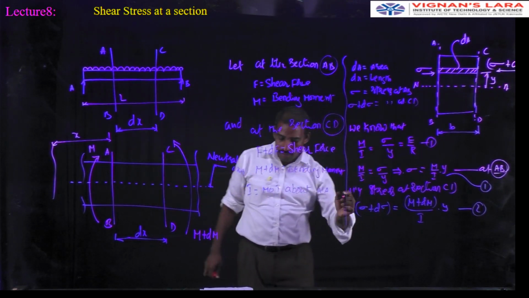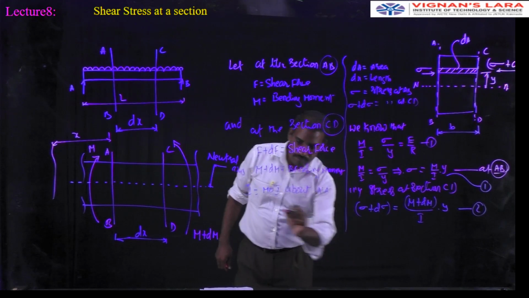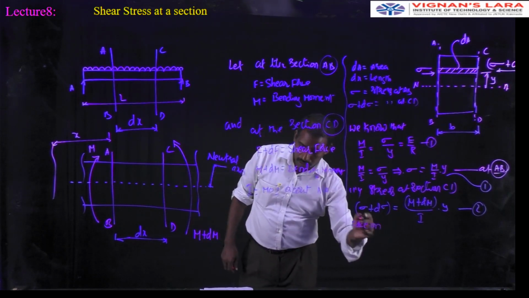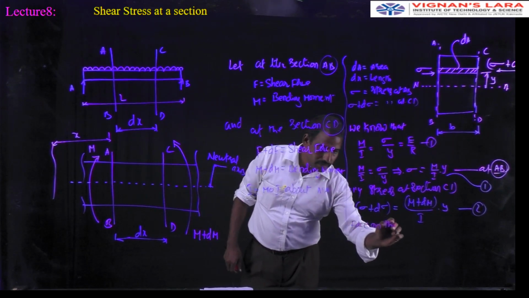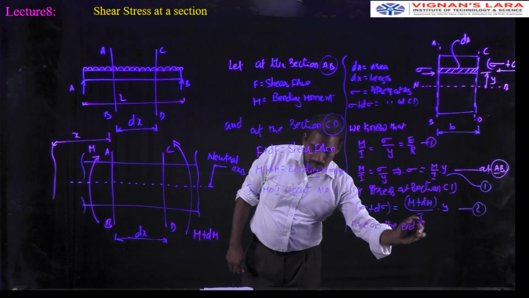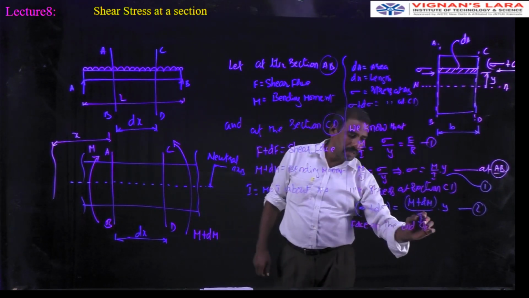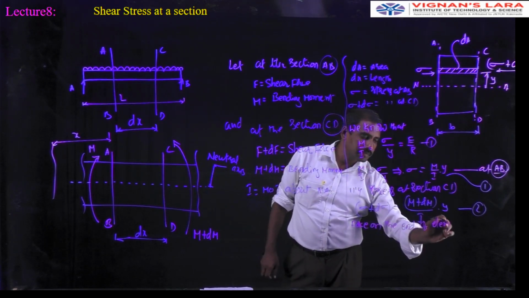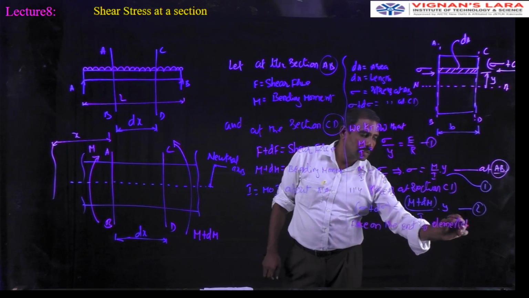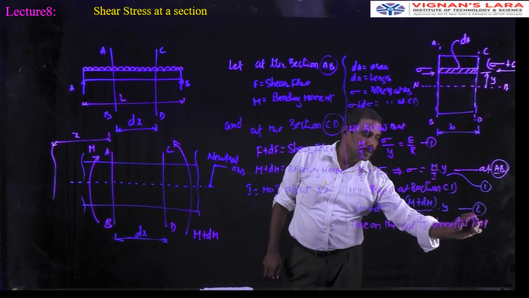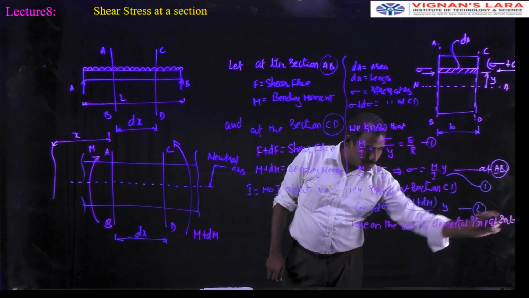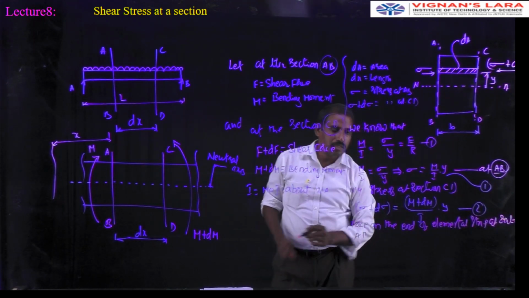Therefore, the force on the end of the elemental strip at section AB we have to calculate.